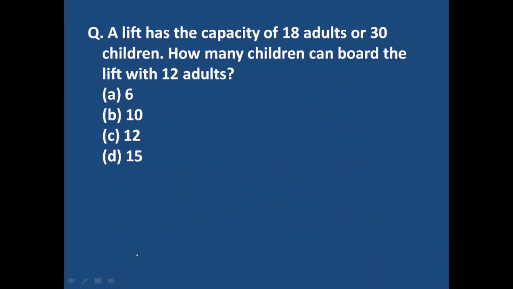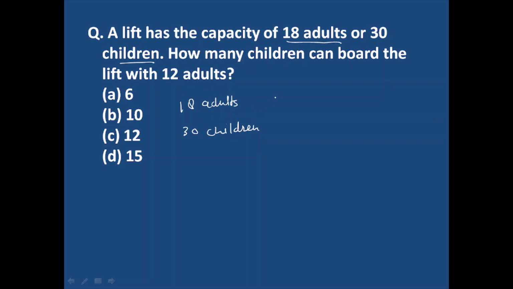Clear? Now the next question is, a lift has the capacity of 18 adults or 30 children. The lift can carry either 18 adults or 30 children. How many children can board the lift with 12 adults?